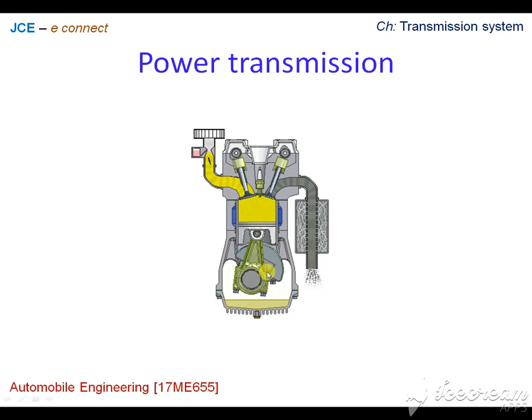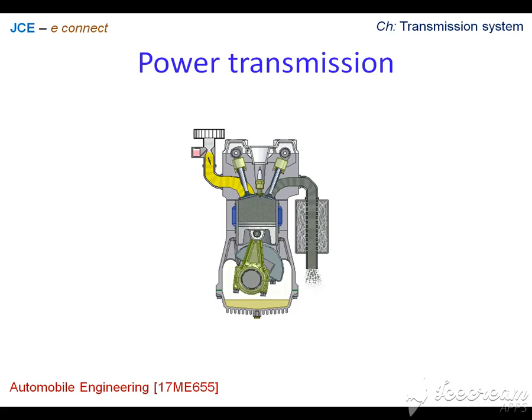Then we have a crank, which is connected further to the crankshaft. So we see how the reciprocating action of the piston is converted to rotary motion of the shaft. Now the question arises: how is the power further transmitted to keep the wheels rotating?